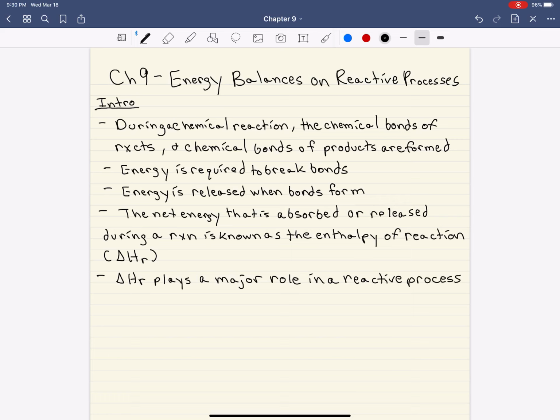For instance, let's say that a reaction either gives off a large amount of heat or absorbs a large amount of heat. This is going to cause a large temperature change in the system. So delta H of R can lead to large temperature changes.